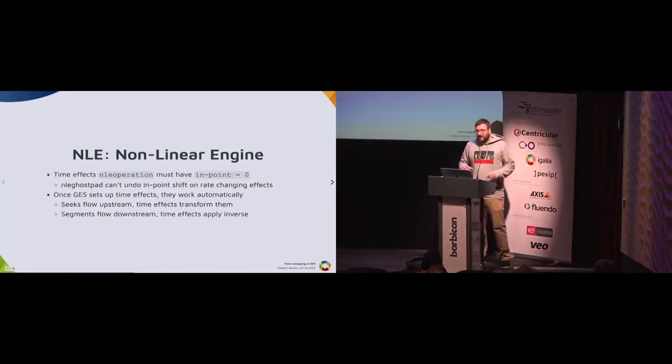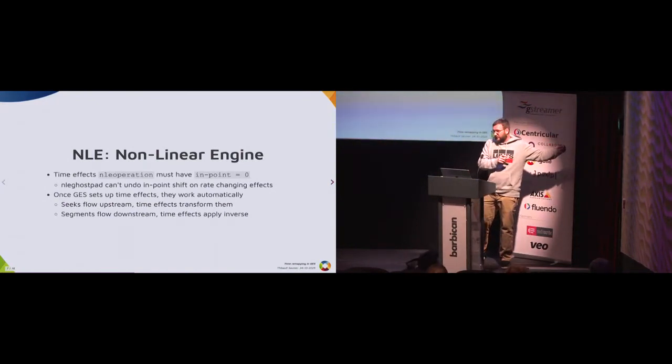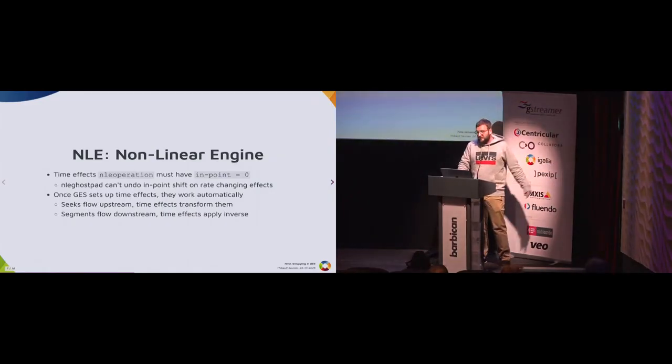If it gets some seek values for its start and its stop, it will modify the two values based on the rate that is applied to it, so that it gets the necessary media stream. So that in the end, when the segments come back, upstream of it will just send the segments that correspond to the seek, and it will transform the segment back to exactly what the seek was requesting.